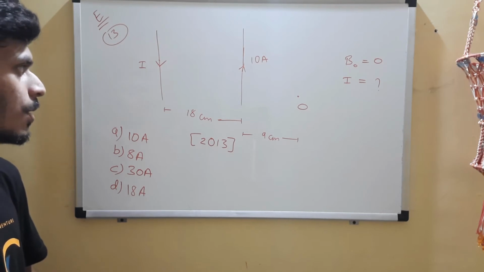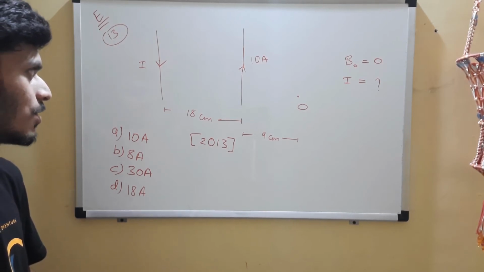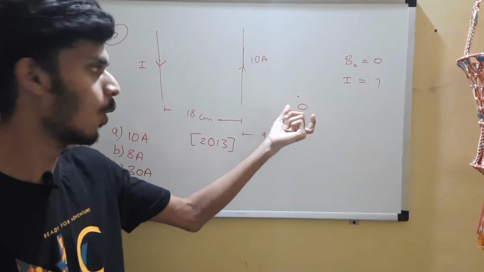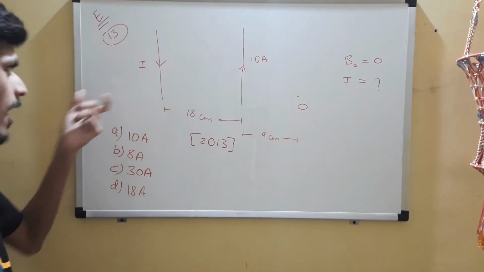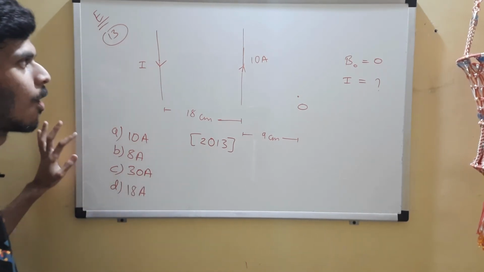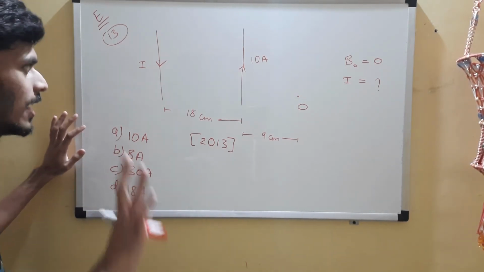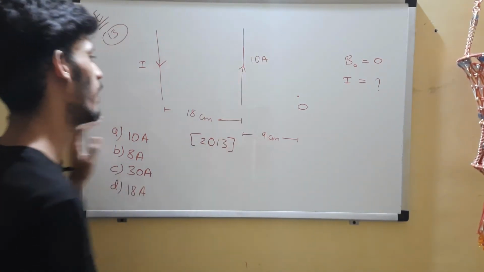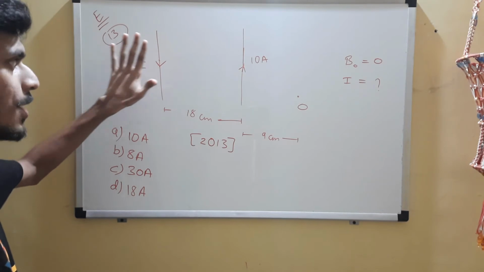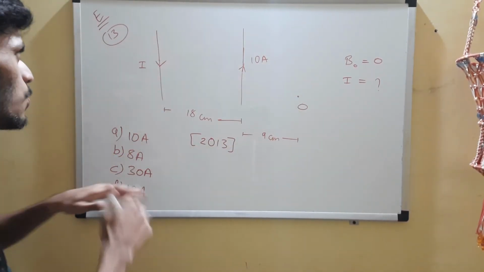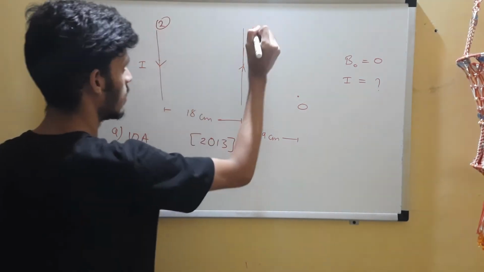First of all, in order to cancel the field at point O, the value of this current I should obviously be greater than 10, right? So I can neglect some options from here. How can I say that? This wire 2 has to cancel the effect of wire 1. This is wire 2 and this is wire 1.